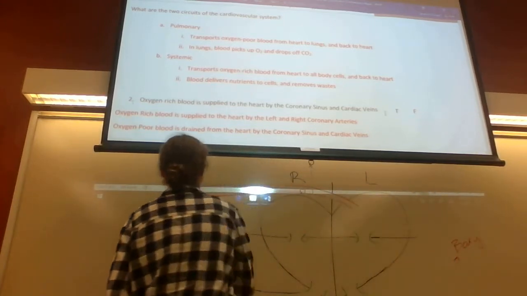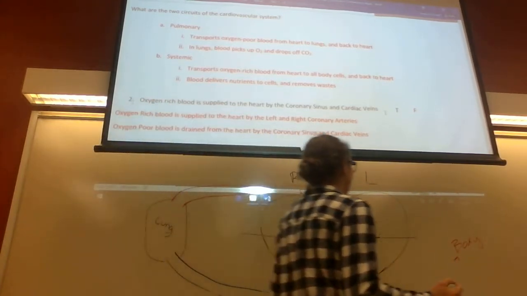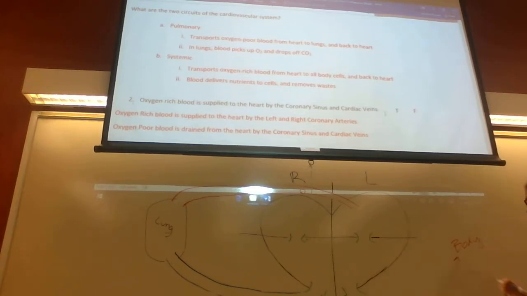And then also in the systemic circuit, blood delivers oxygen. So oxygen is going to leave the blood and go into the tissues. And then the tissues, so this could be your muscular tissue, your organ tissue, any tissue, is going to put carbon dioxide into the blood.